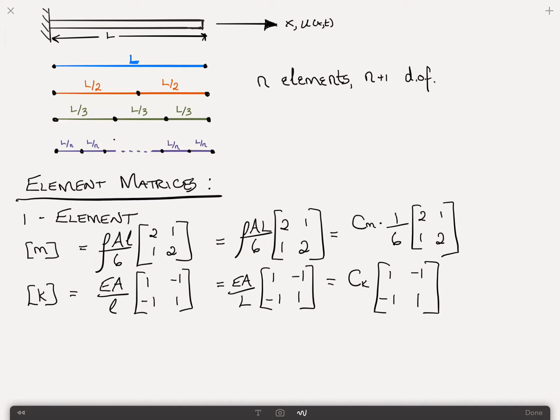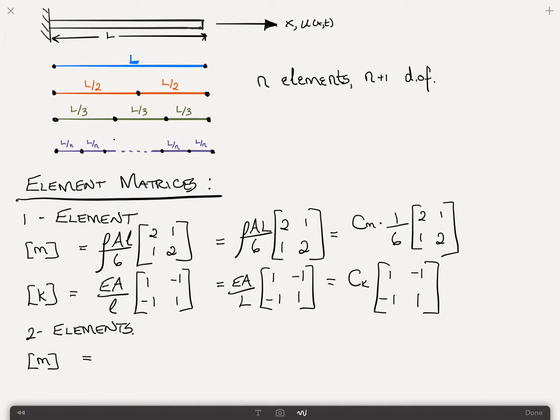If I were to move to 2 elements, let's see if I can squeeze this in here. Then the M matrix would equal Cm. Well, let's write it in longhand.